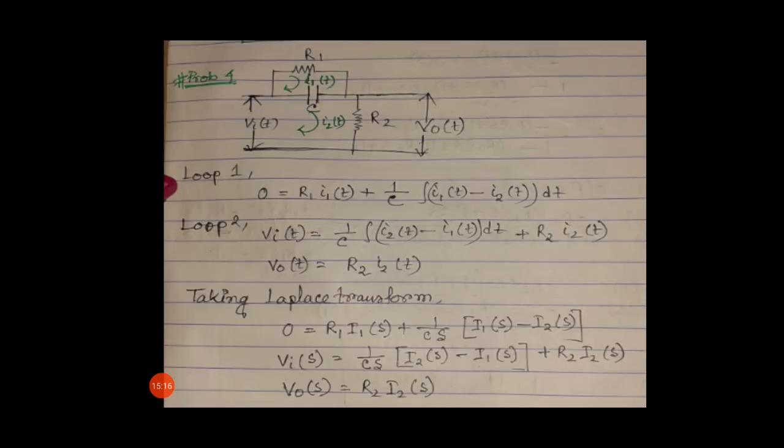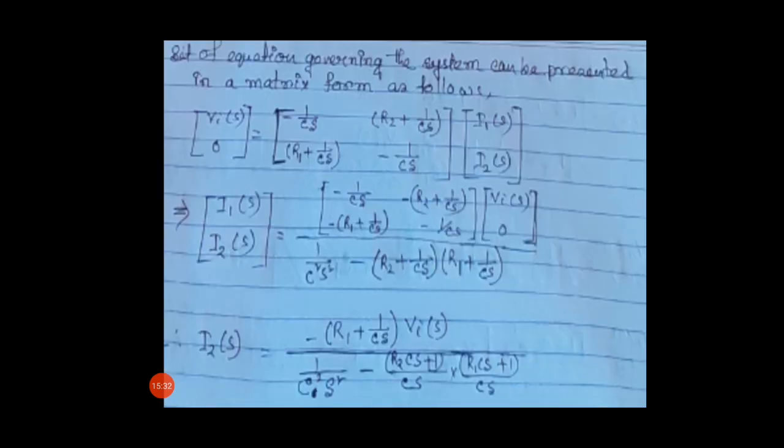This is our circuit. Same here, we consider two loops and applying KVL we find these three equations. After Laplace transform we find this expression. Then this set of equations governing the system can be presented in matrix form as follows.